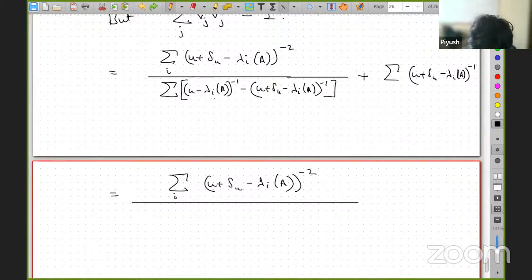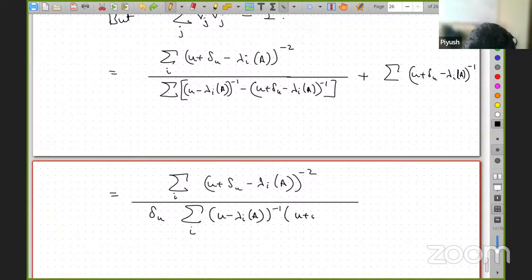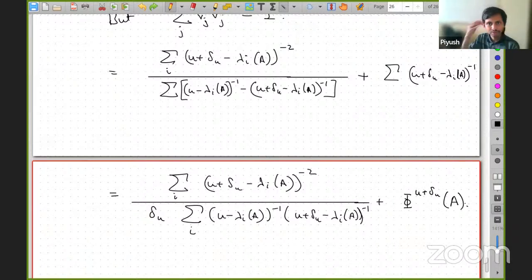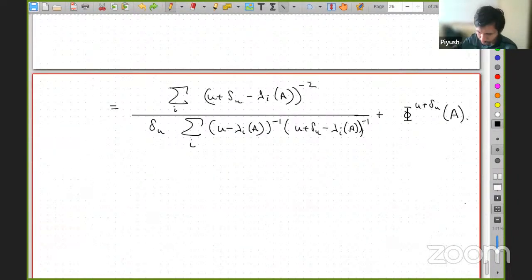So this becomes delta u times the summation over i of u minus lambda i inverse times u plus delta u minus lambda i inverse, plus what is this? This is just phi of u plus delta u.